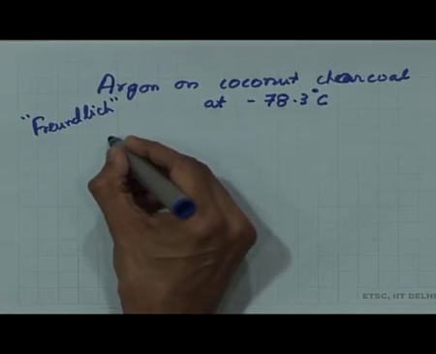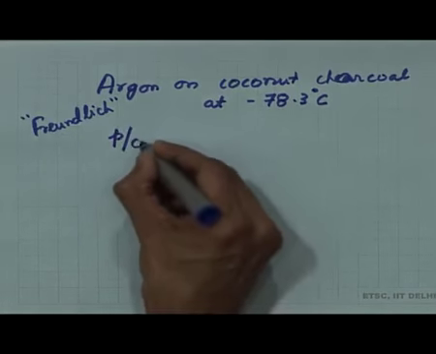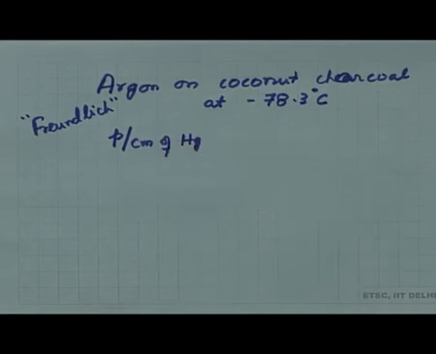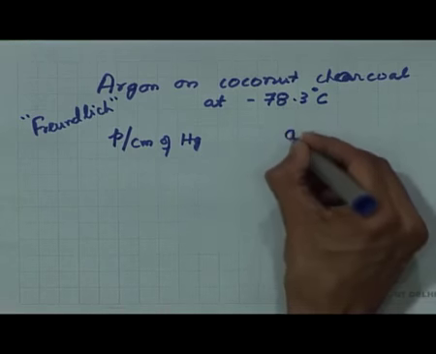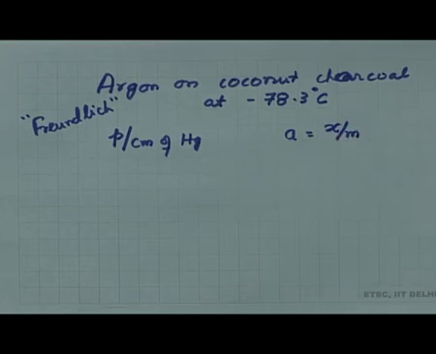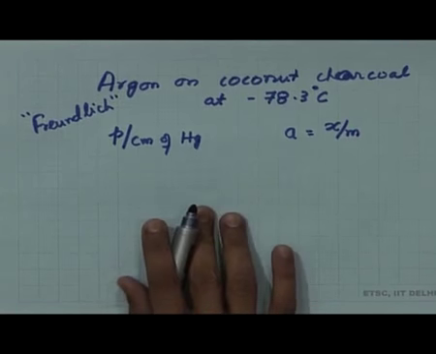And here is the table of the pressure expressed in centimeters of mercury, which is some unit of pressure, and what he measures as A, which is this ratio x over m. And this is the table that Herbert Freundlich reported in 1910.